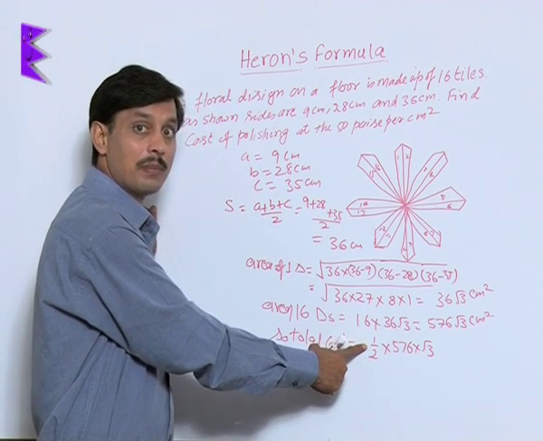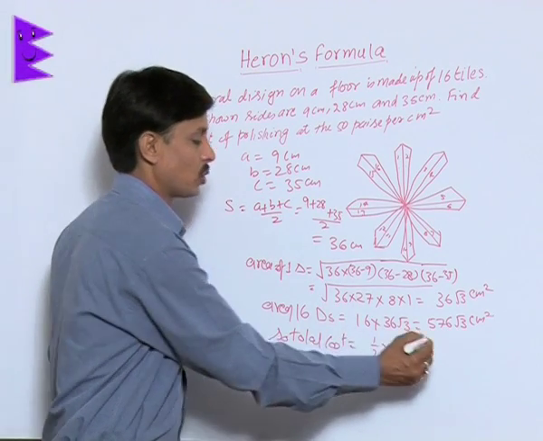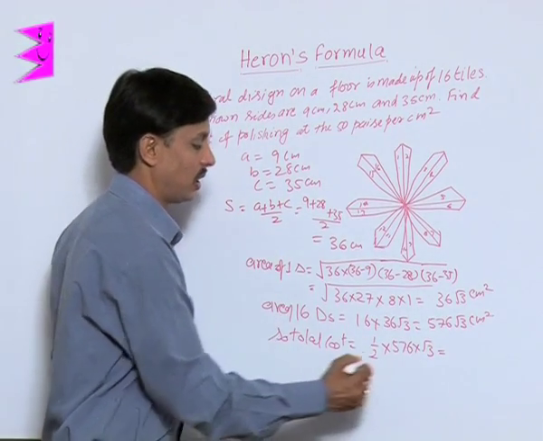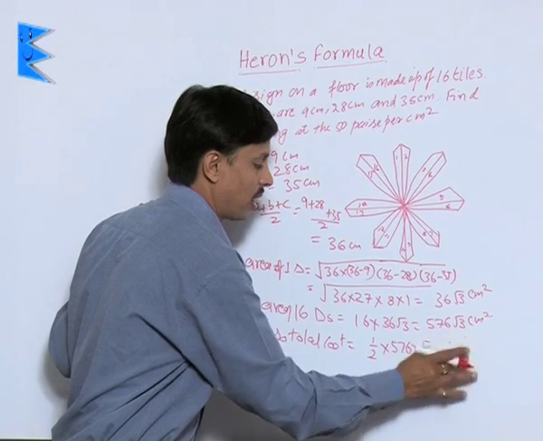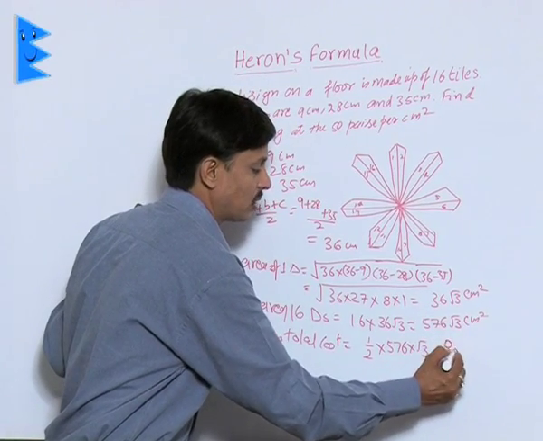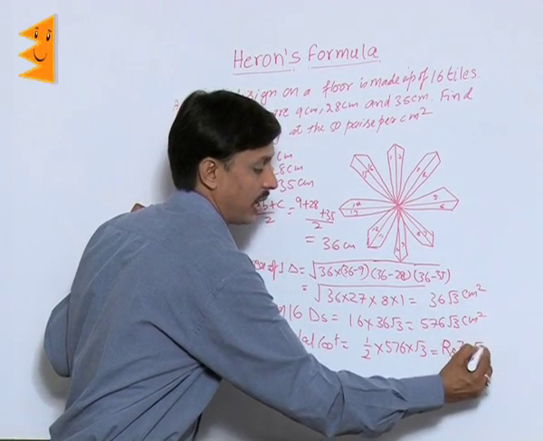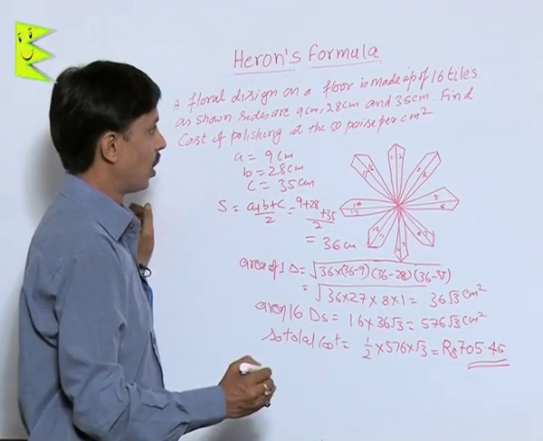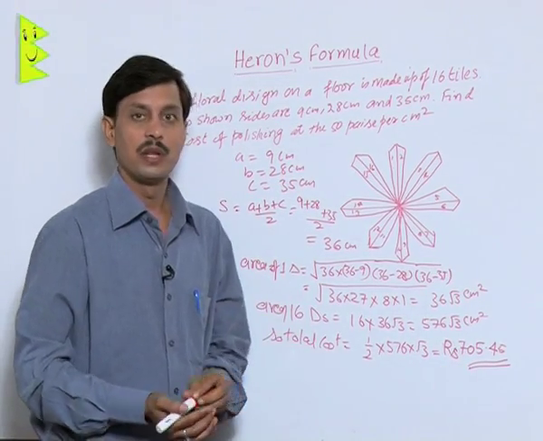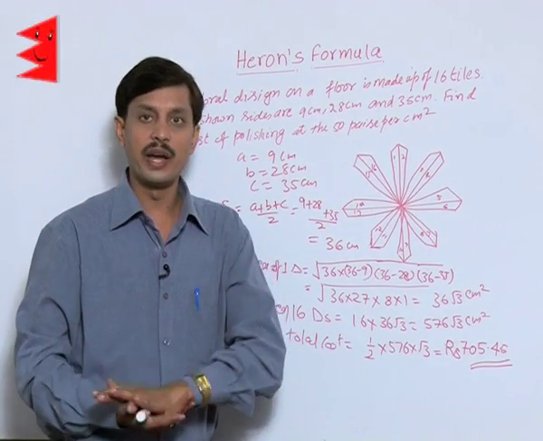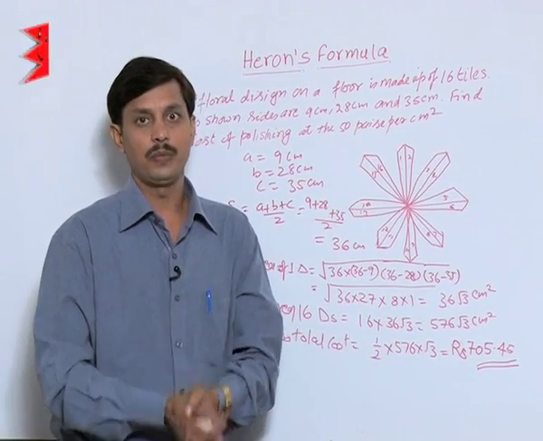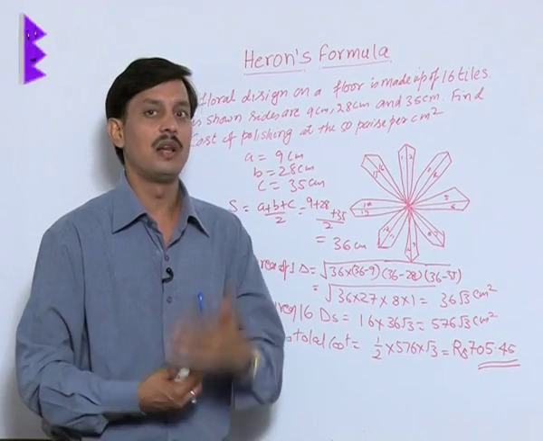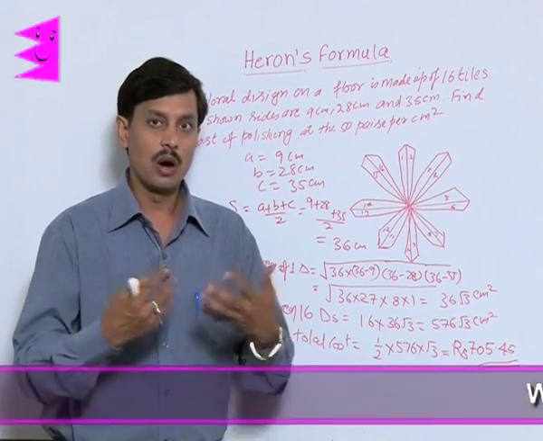Because 50 paisa means half rupee. So the answer, when I use root 3 as 1.73, will be 705.45 rupees.